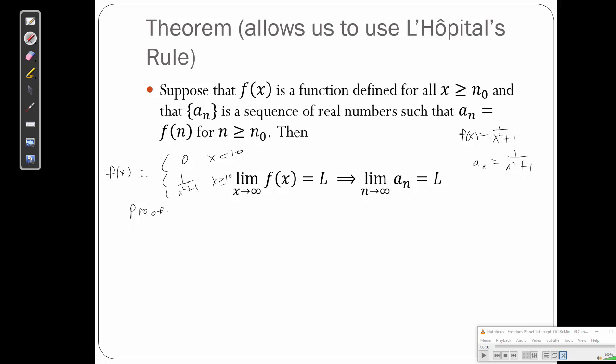The proof is very simple. If n is greater than n naught, we know f of n equals a sub n.